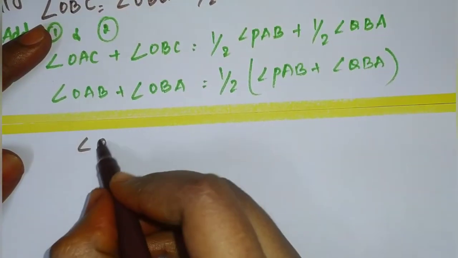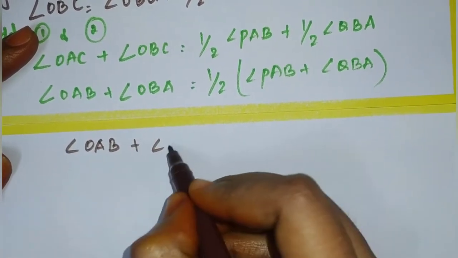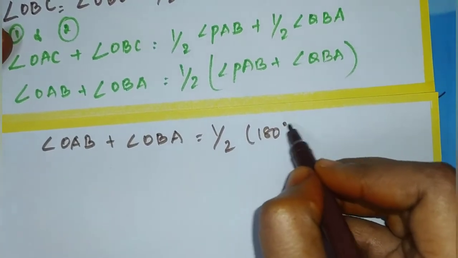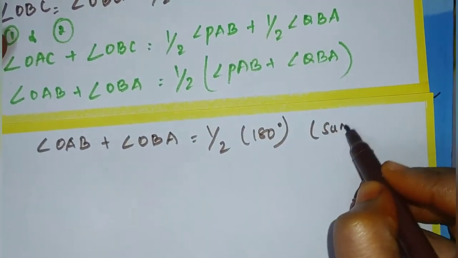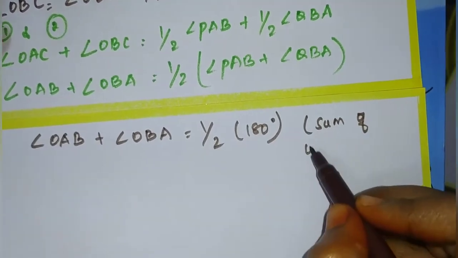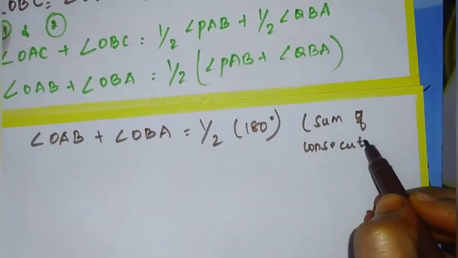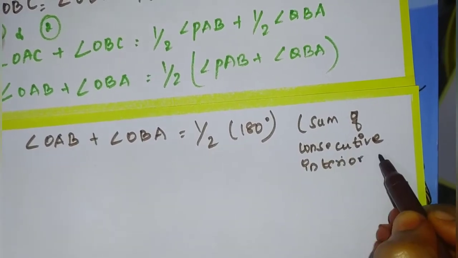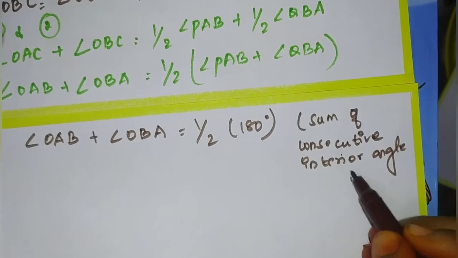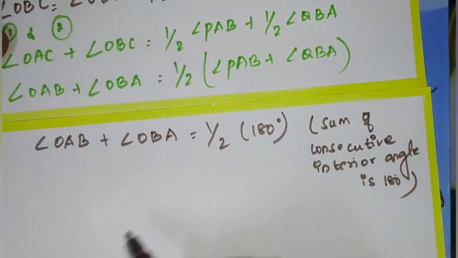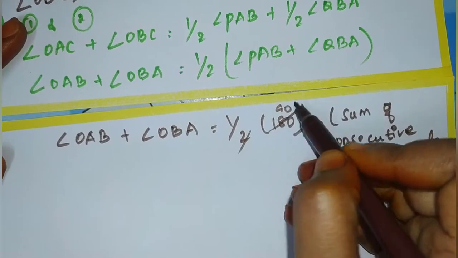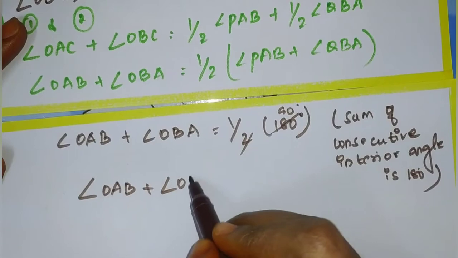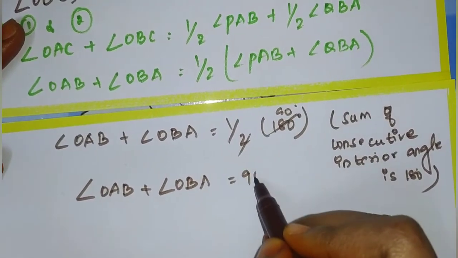So angle OAB plus angle OBA is equal to half of 180 degrees, because the sum of consecutive interior angles is 180 degrees. If you cancel, what will you get? 90 degrees. Angle OAB plus angle OBA is equal to 90 degrees.